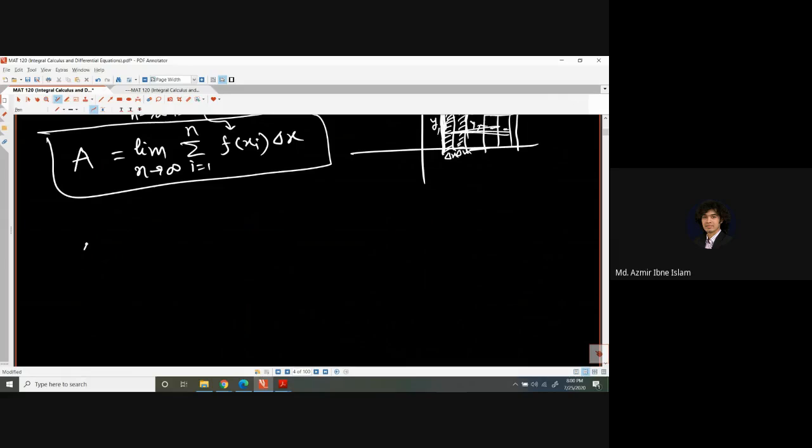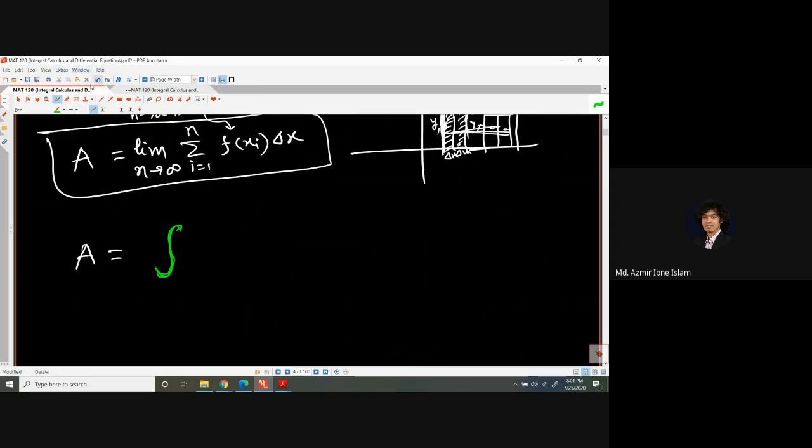now we can extend this idea with a new approach. Instead of using the limiting concept, we are using this sign, which is now known as the integral sign. It is just like a long s.